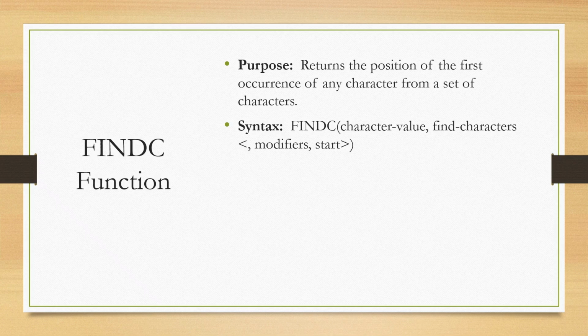Modifier A is used to add uppercase and lowercase letters to the list of characters to find. Modifier D can be used to add digits to the list of characters to find. Start is an optional parameter that specifies the position in the string to begin the search. It is the same as what we have discussed for the FIND function.